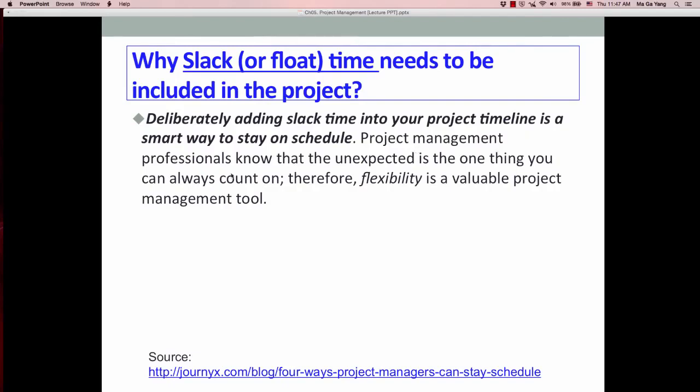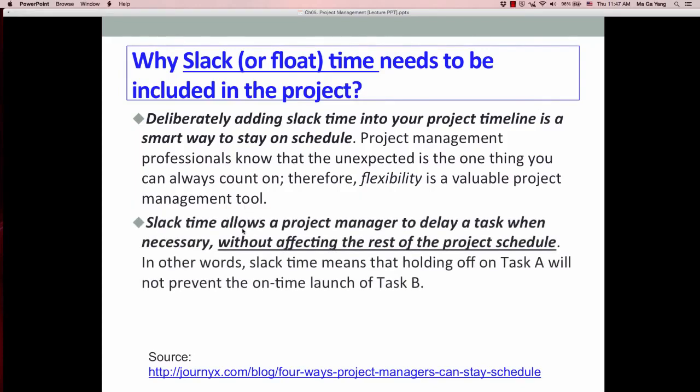Project management professionals know that the unexpected is the one thing you can always count on. Therefore, flexibility is a valuable project management tool. Slack time allows a project manager to delay a task when necessary without affecting the rest of the project schedule. In other words, slack time means that holding off on task A will not prevent the on-time launch of task B.